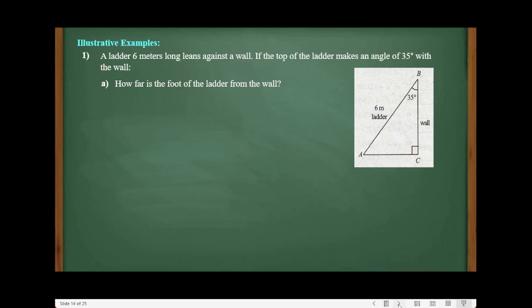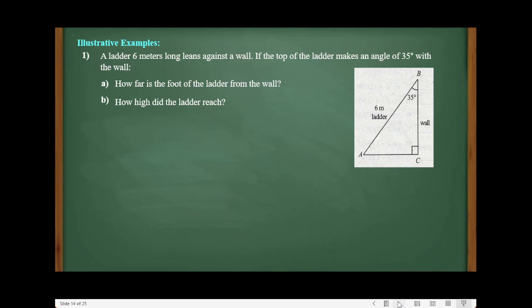And then what else do we need to look for from this problem? Letter B, how high did the ladder reach? So in this diagram, we are actually looking for the vertical leg, or the height the ladder reached along the wall, which is actually denoted by segment BC.